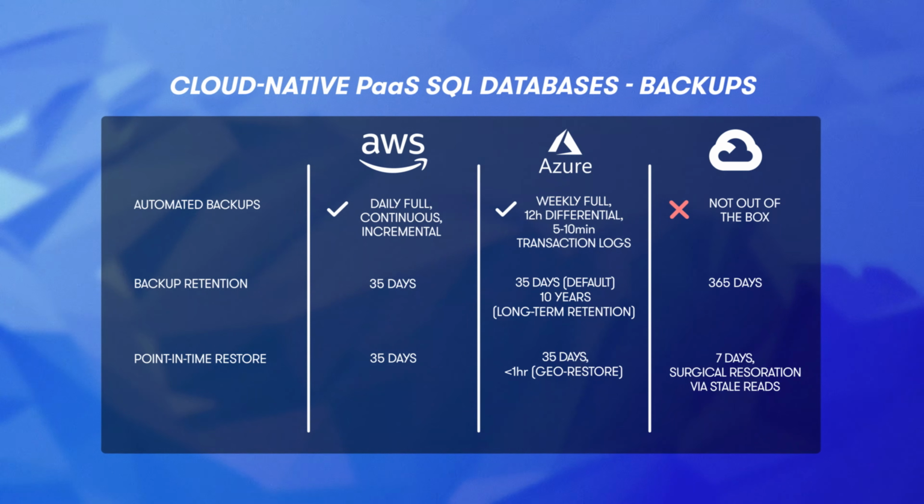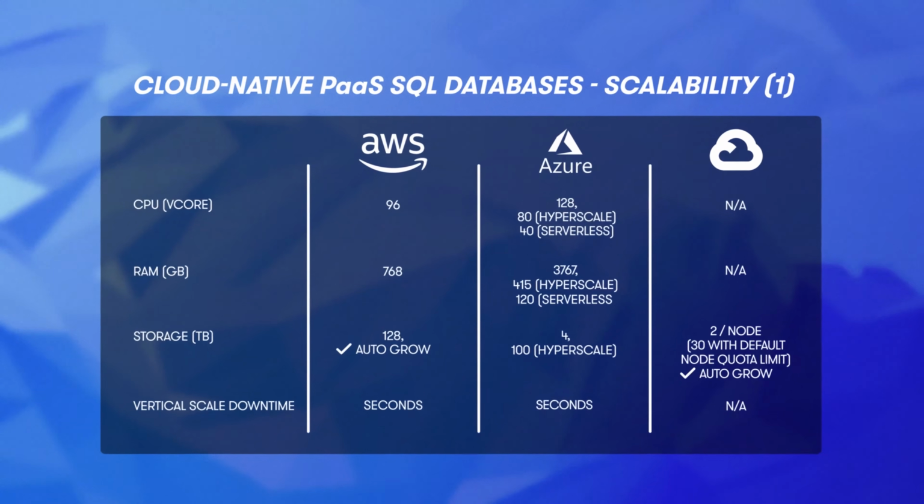Outside of point-in-time restore, Cloud Spanner only has manual backups, but it does have an ability to perform a stale read to surgically query accidentally deleted data, which is really cool. Looking at scaling, GCP Cloud Spanner doesn't really have a concept of vertical scaling since it's fully horizontally scalable. All nodes are the same size.